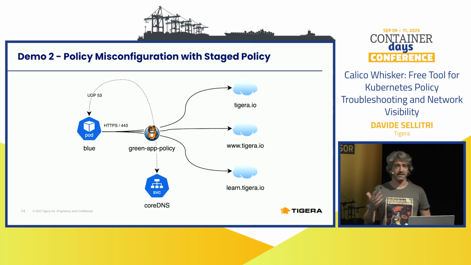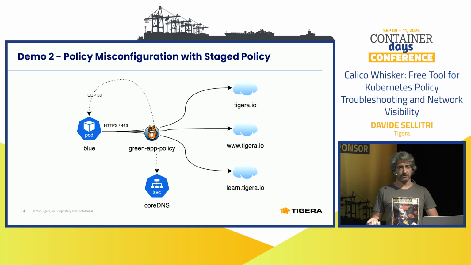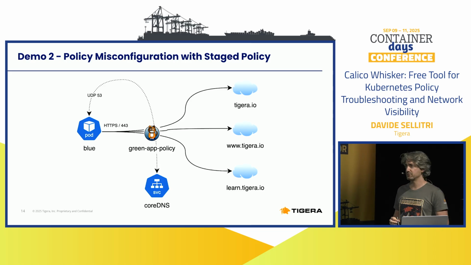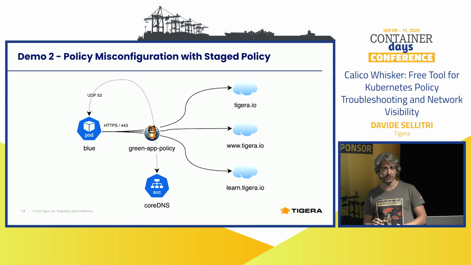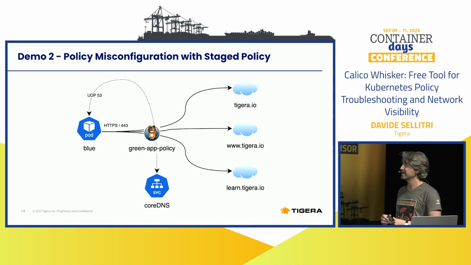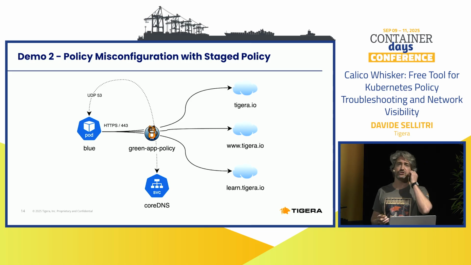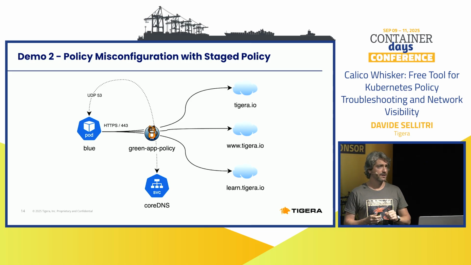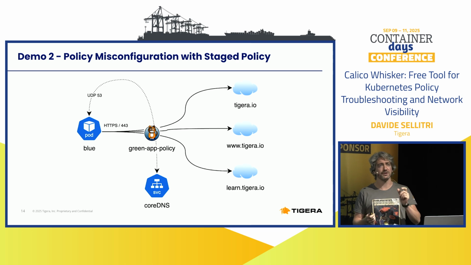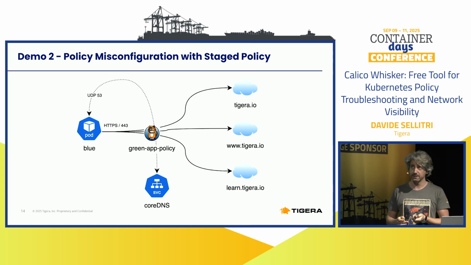Second demo, exactly the same scenario, but instead of using a Calico network policy, I will use a Calico staged network policy. So nothing will break this time, but we'll just see how the flow will change. So the information in Calico Whisker will change.